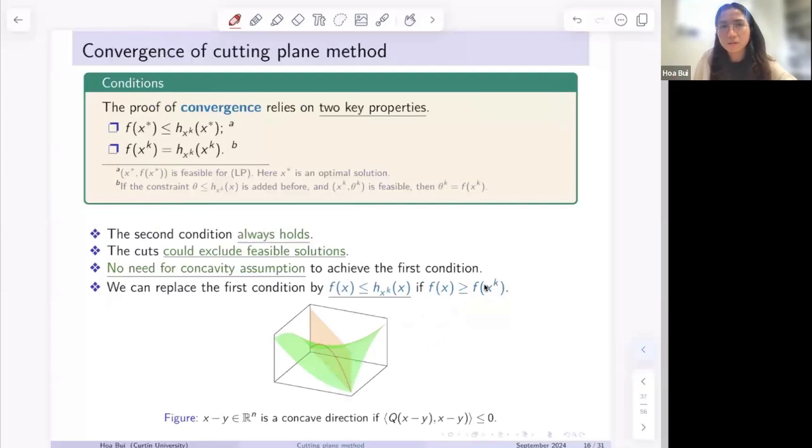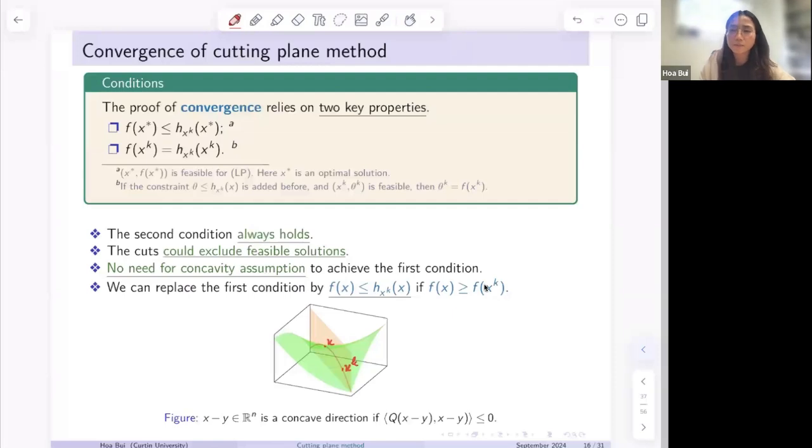But the bad news is for a quadratic function, quasi-convex is equivalent to convex. So we need one more step to achieve a weaker condition, where we consider a directional convexity. What that means is we take, for example, your xk is here, and your x is here, and then we draw a line between x and xk, and consider a one-dimensional function embedded into this line.